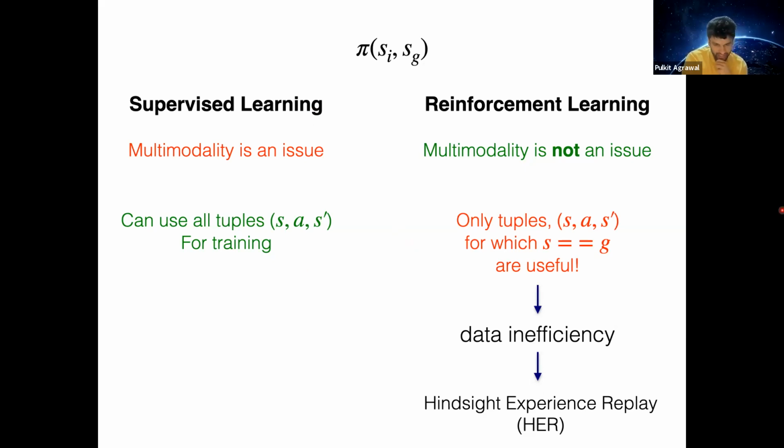Okay, there's one question. So can you please explain why multimodality is not an issue in RL? So in supervised learning, the issue comes because there is a ground truth action sequence that I'm trying to match with my predicted action sequence. So my loss function is on the action space. In reinforcement learning, the loss function is not on the action space.